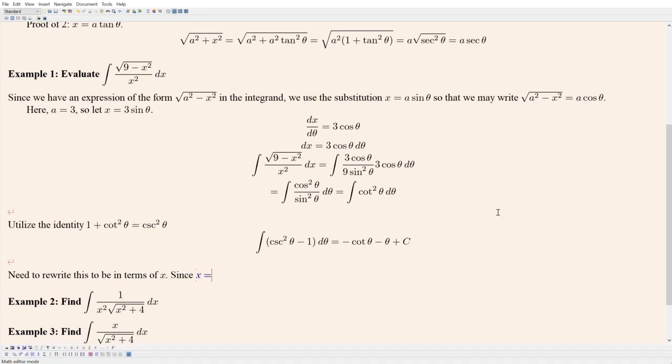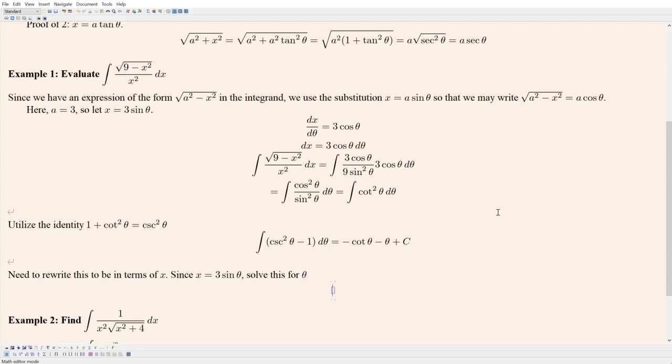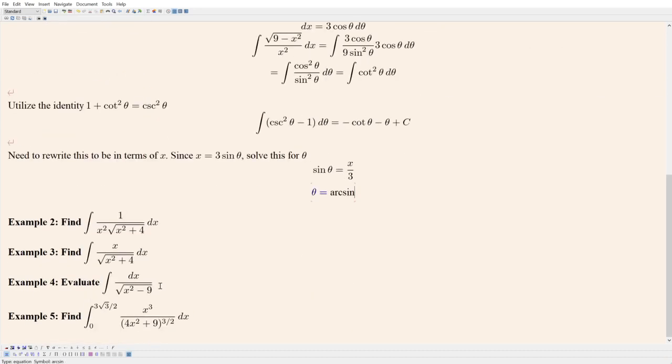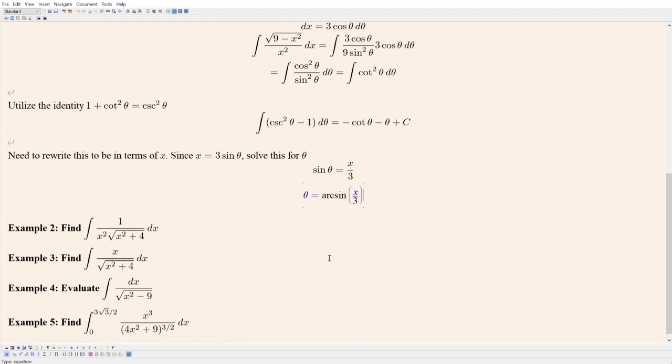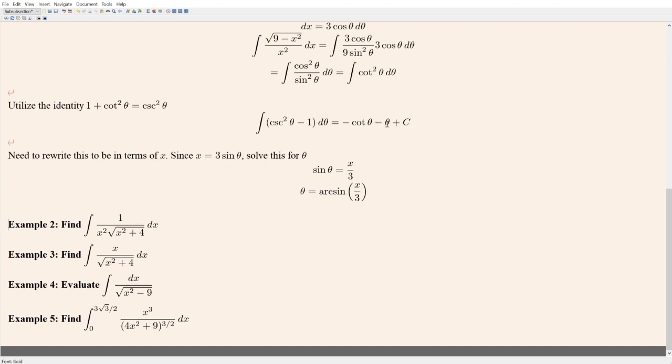So if we solve this for theta, we get sine theta is equal to x over 3. And so to get theta by itself, we take the inverse sine of both sides. So theta is equal to the arc sine of x over 3. So there's the theta taken care of.